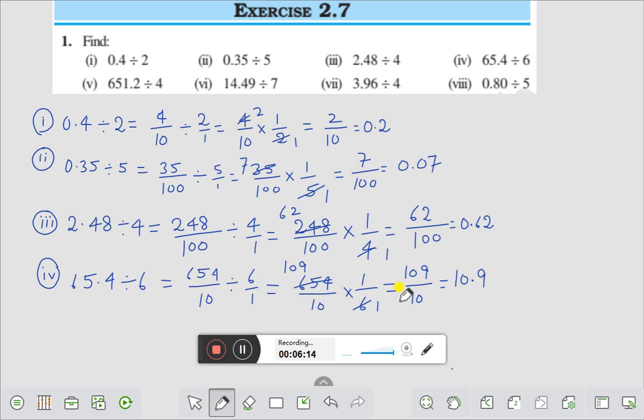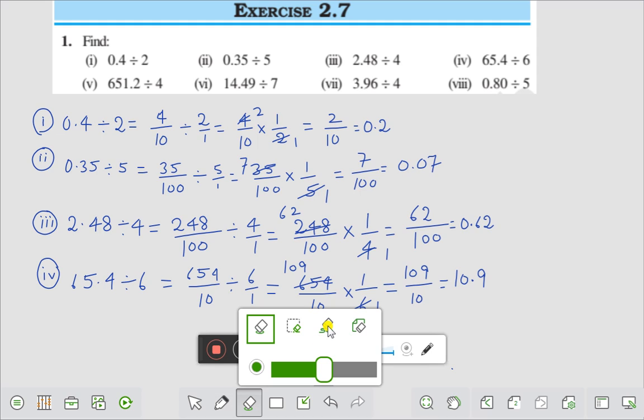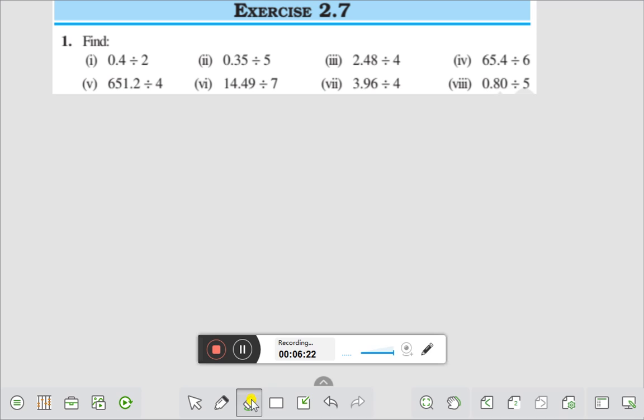Question number 5 is given as 651.2 divided by 4. First convert this decimal into a fraction.